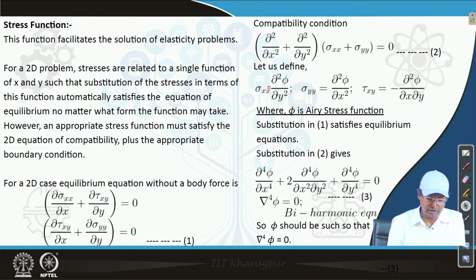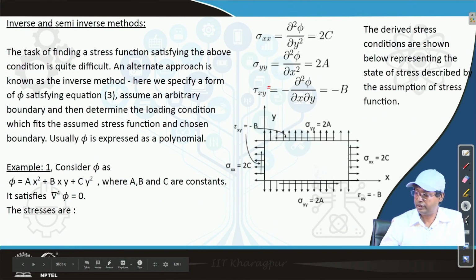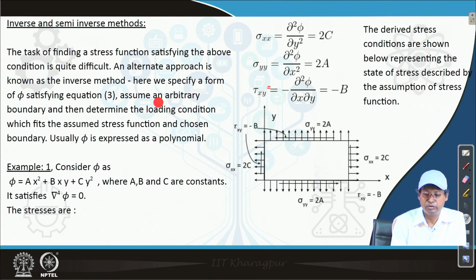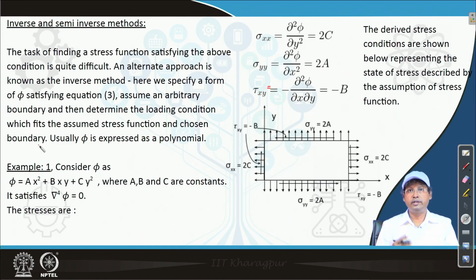Then what we can do is assume an arbitrary boundary and then determine the loading condition which fits the assumed stress function and chosen boundary. This is the reason it is said to be inverse. We first find the stresses and boundary conditions, and then we say that it is applicable for this type of case.